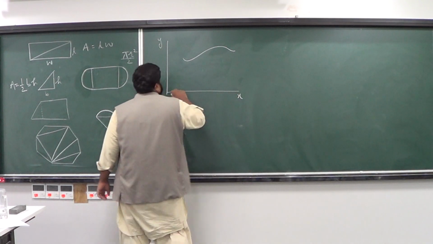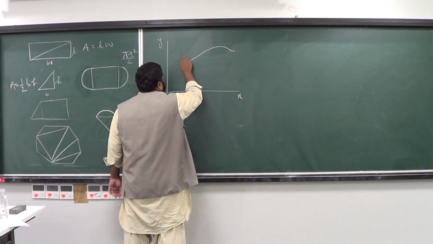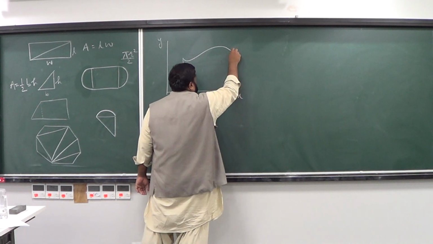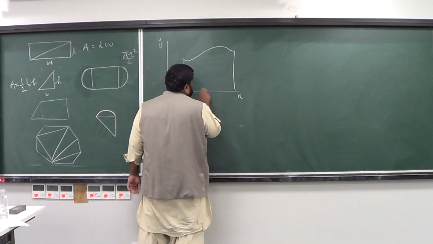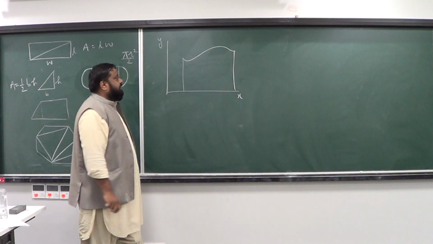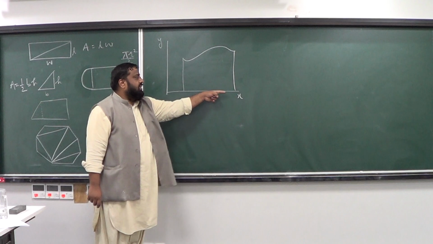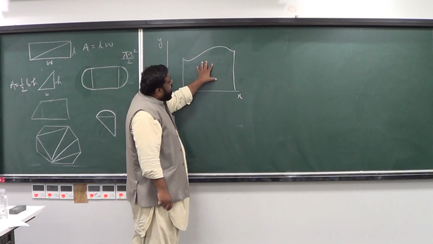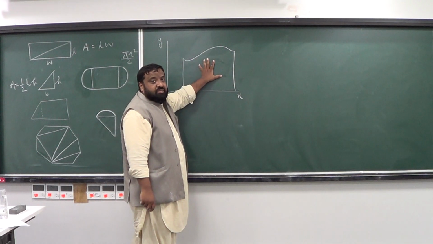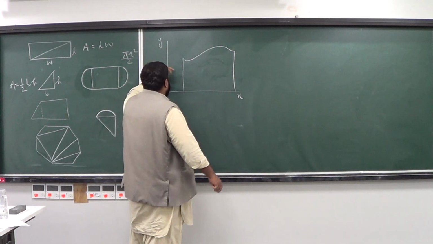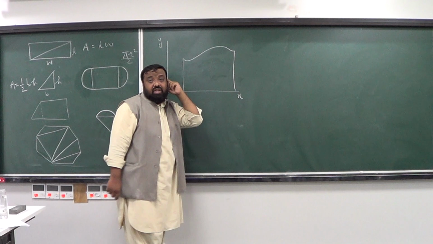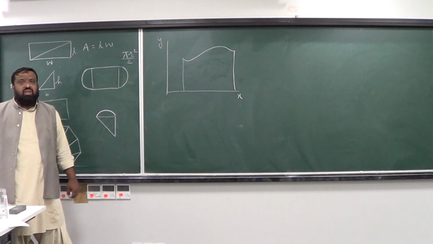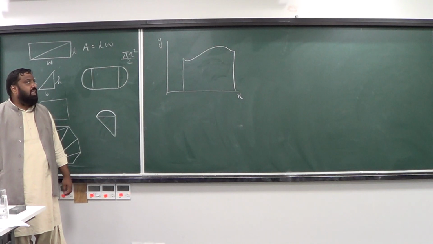If I make a picture whose base is this interval or this straight line, then this is different from a rectangle, because its upper side is irregular. The question is, can I find the area of such a picture?